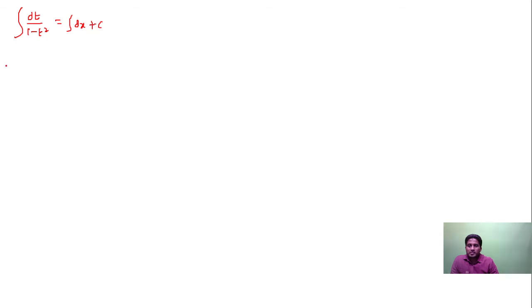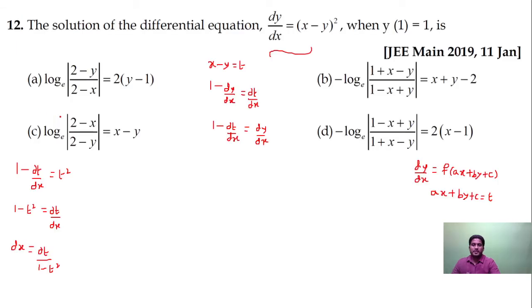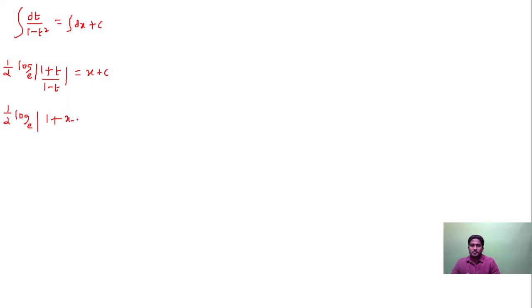This is a square minus x square form. 1 by 2a log of a plus x upon a minus x is equal to x plus c. Substitute the value of t. So this is equal to 1 upon 2 log of, t value is x minus y, so this is x minus y upon 1 minus x plus y is equal to x plus c. Let's call it equation 1.